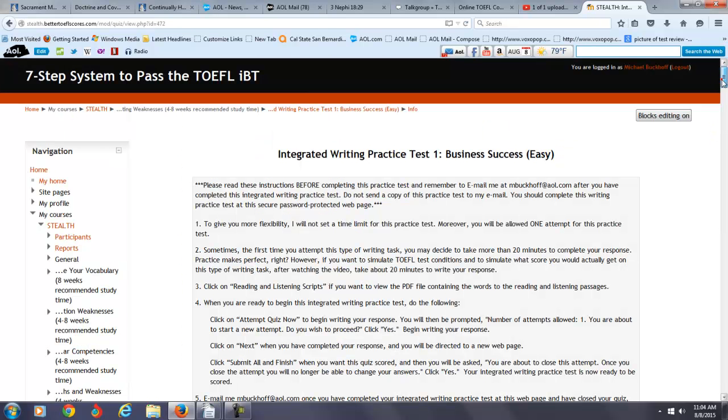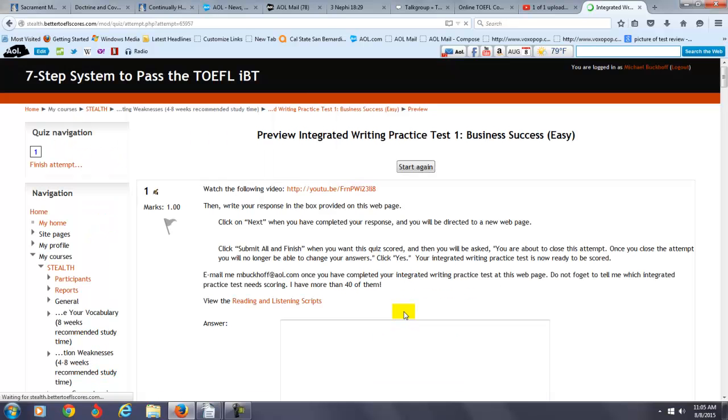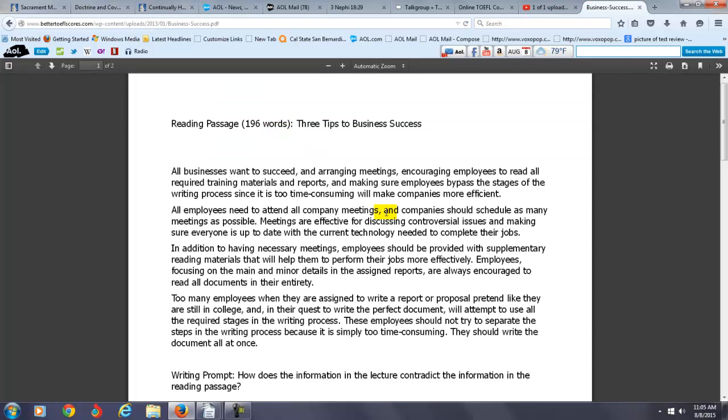Now, once you take the test, you'll also notice that on all 43 of my integrated writing practice tests, you can view the listening scripts. You see that? So what you can do here is practice taking notes on the reading, then compare your notes to the reading passage.